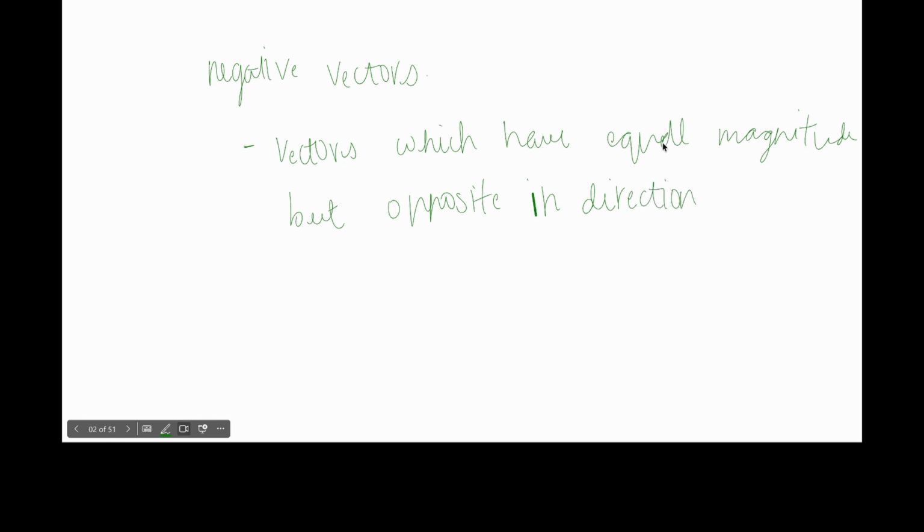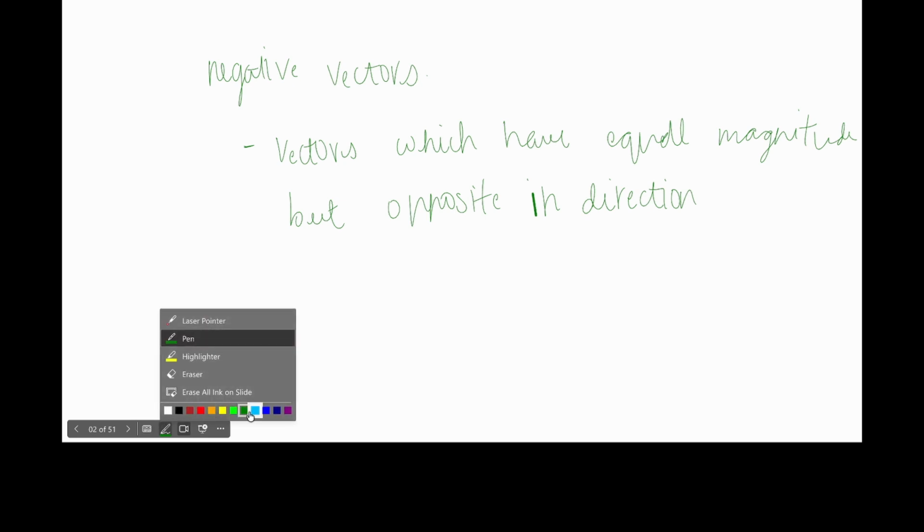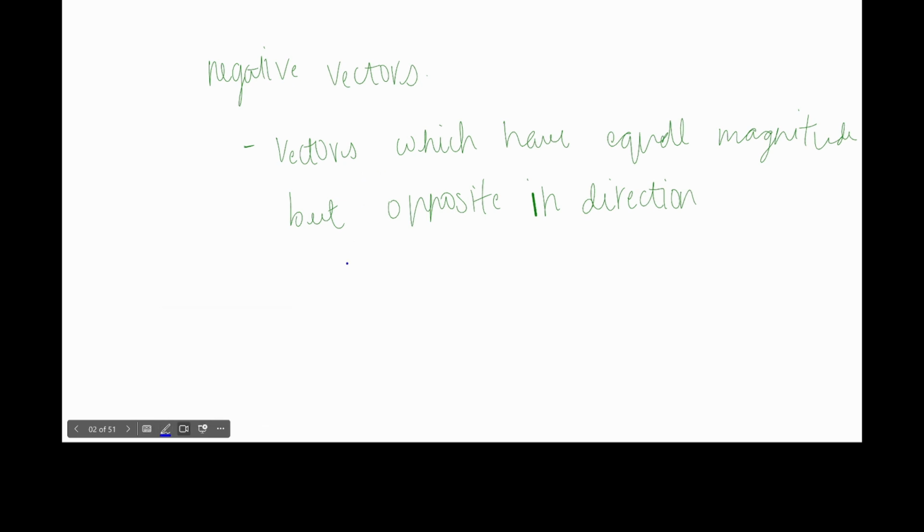So let me draw that. Let me change the pen color for that. When I said these are similar to anti-parallel vectors, what I meant was the direction is the same, but they're not completely the same, as they should be parallel.